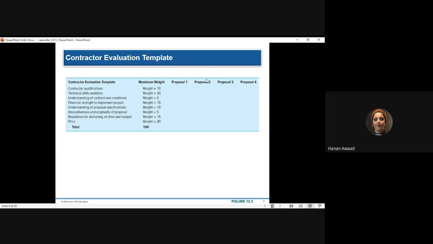The final score will be not the addition, but the multiplication of the weight of the criteria and the score given specifically to each vendor.